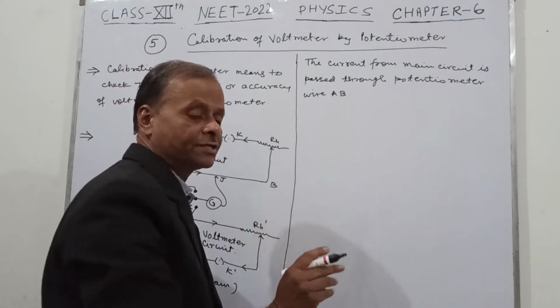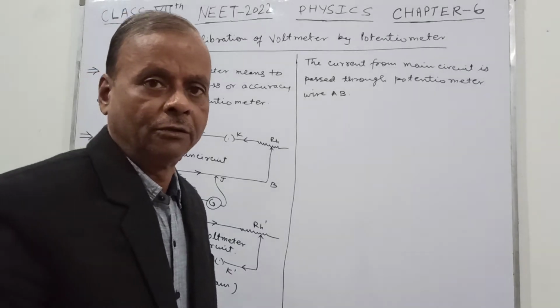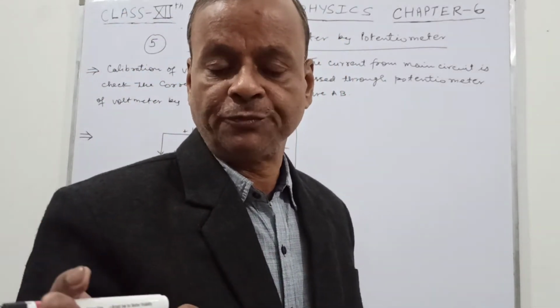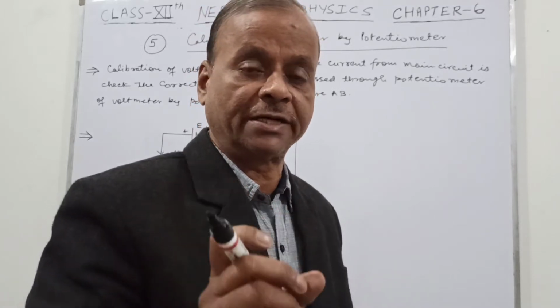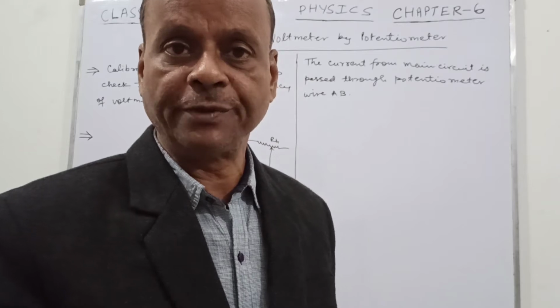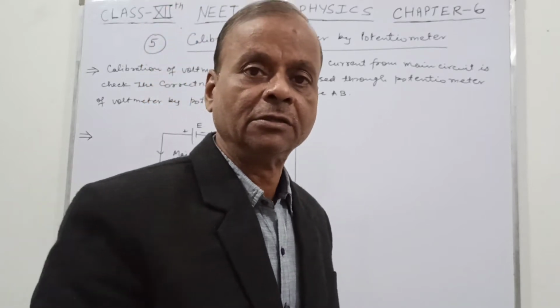So this is the first step. Whenever we do an experiment with the potentiometer, always first pass the current through the potentiometer wire, so that there is a potential drop across the length of the wire.